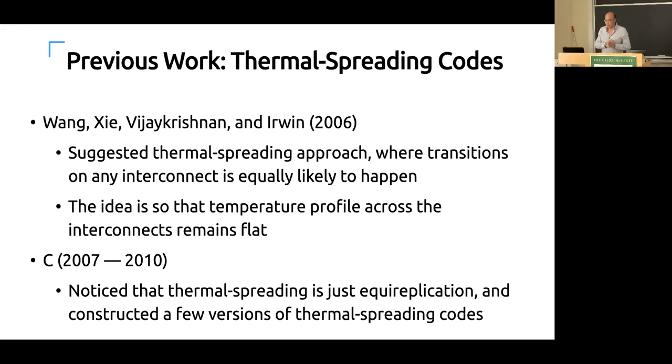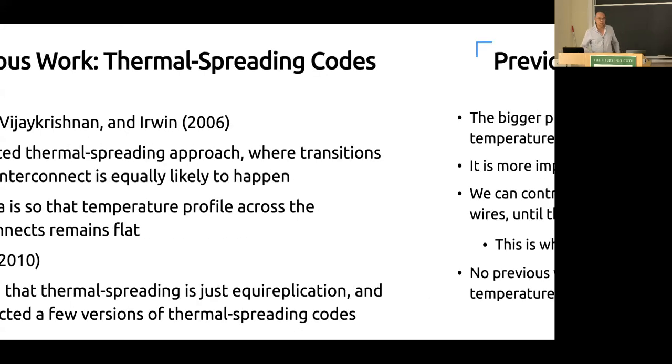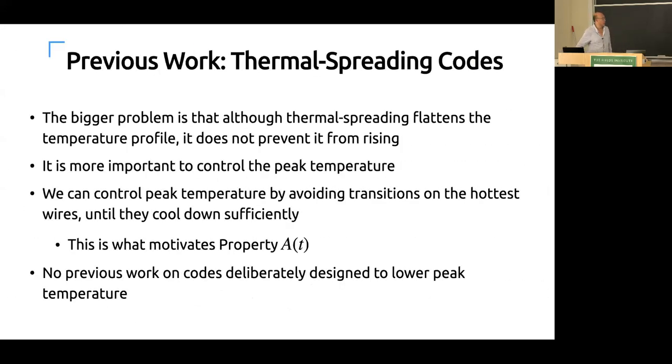Between 2007 and 2010, I noticed that thermal spreading is just a requirement of equireplication on the codes. So I gave a number of talks during those years on constructions for a few versions of thermal spreading codes. But I was never quite satisfied, and I never published them, because there's a bigger problem here that's unsolved.